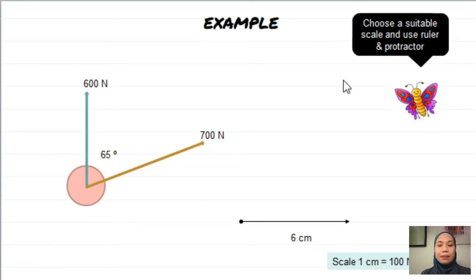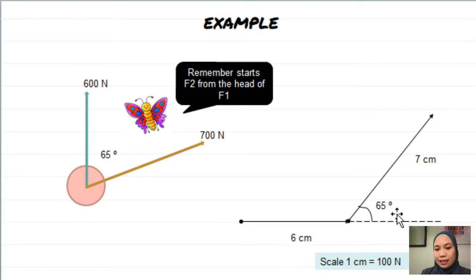We must choose a suitable scale and use a ruler and protractor. We decide the scale, which is 1 centimeter equal to 100 Newton. So we have 6 centimeter here to represent 600 Newton. And then we use the protractor and measure 65 degrees. From that, we measure by using a ruler 7 centimeter to represent 700 Newton.